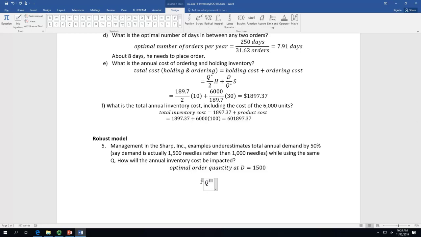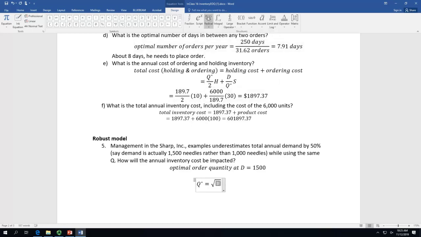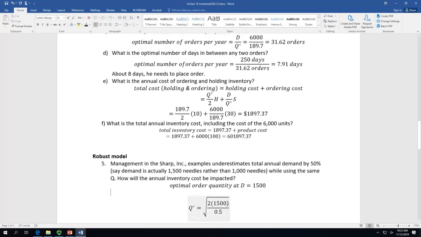Q star equals the square root of 2 times 1500 times S, divided by H. H, the holding cost, is 0.5, and S equals 10.